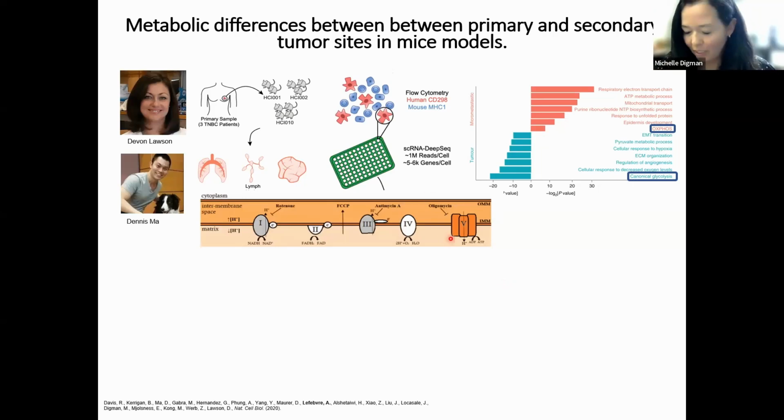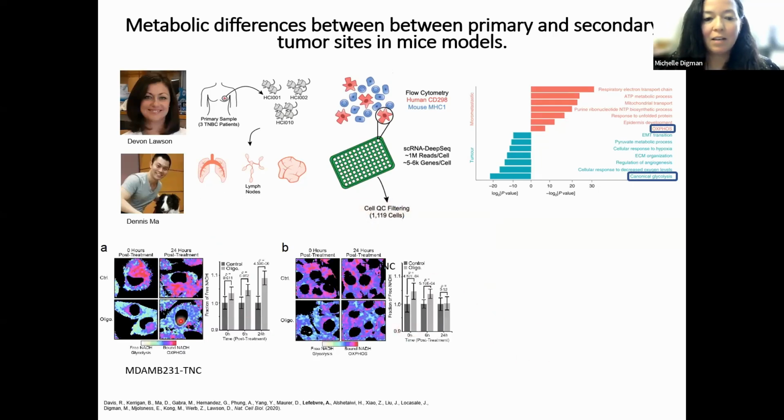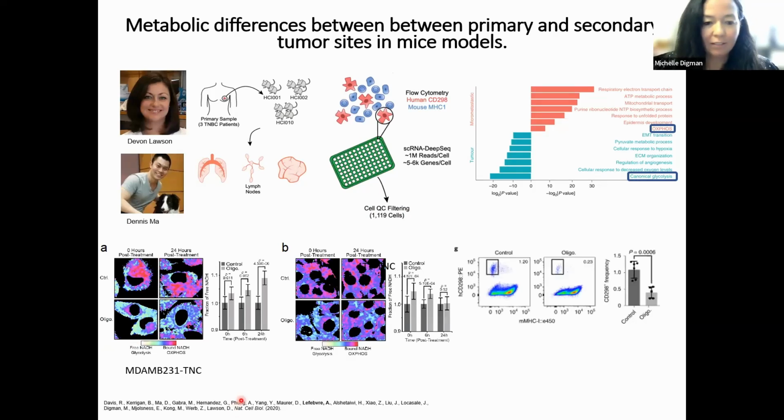And we did this using a treatment called antimycin A or oligomycin treatment. And we do see that using this treatment, we are able to switch the cells from a more bound NADH, more OXPHOS state to a more glycolytic state.